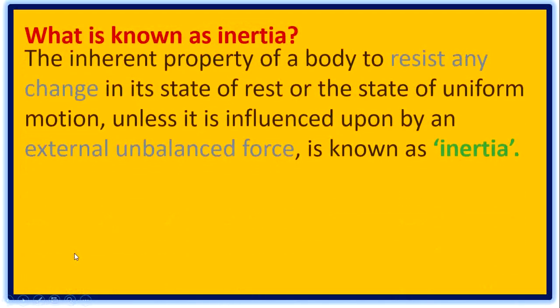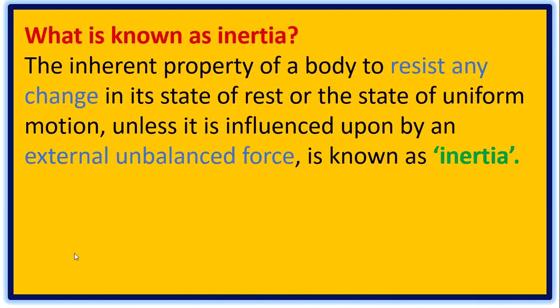Now, what is known as inertia? Let us see the definition. The inherent property of a body to resist any change in its state of rest or the state of uniform motion unless it is acted upon by an external unbalanced force is known as inertia.